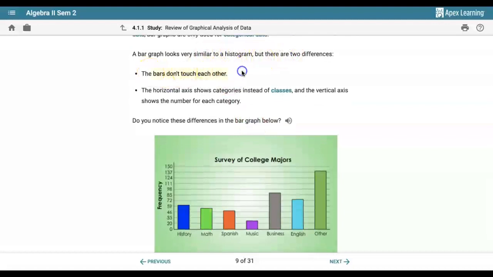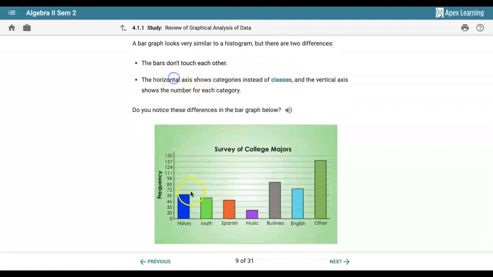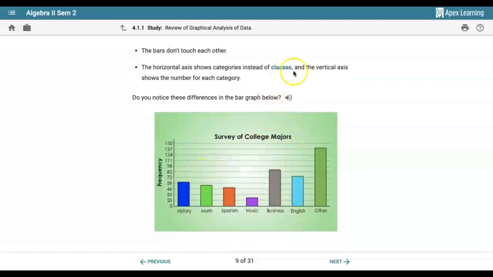The bars don't touch each other, and the horizontal axis has to be categories instead of classes, because classes are numerical, whereas categories are names or labels. And still the vertical axis shows the frequency or the number for each category here.